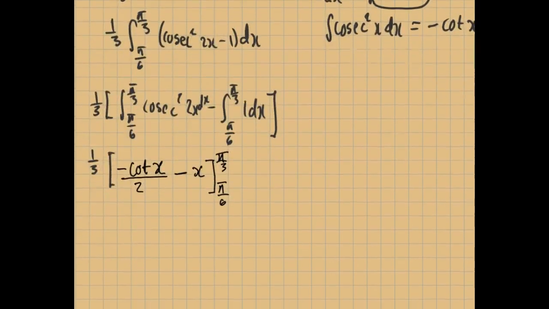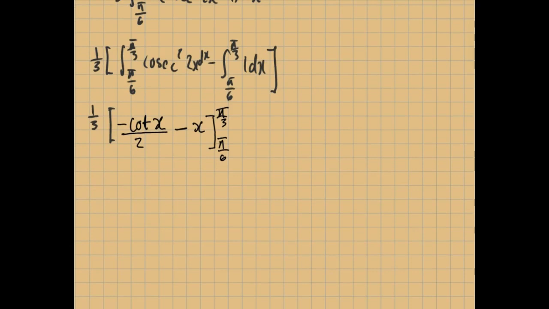Now watch the calculation closely. Cosec squared 2x got me negative cot 2x, and then I divide that by 2, and I say minus x, because the integral of 1 with respect to x is just x.